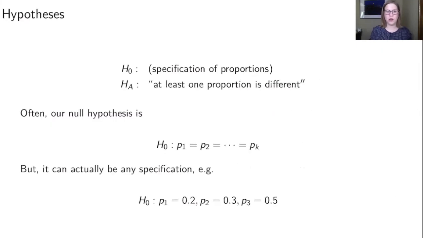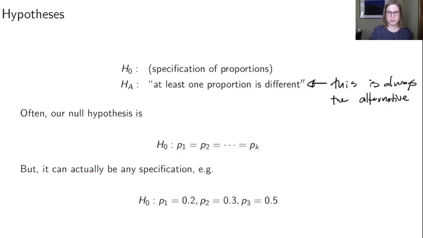And much like ANOVA, our hypotheses are almost always the same. So certainly the alternative hypothesis is always at least one proportion is different. You can pick what your null hypothesis is.